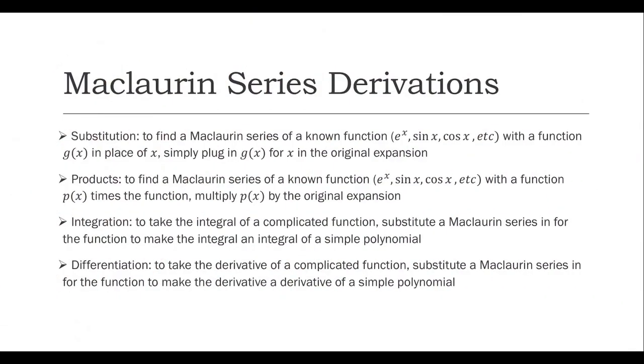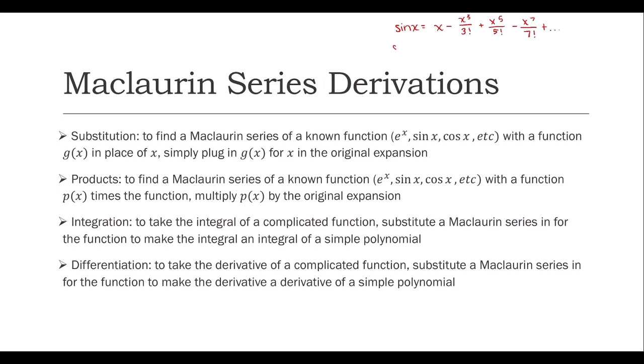For Maclaurin series derivations, you'll use substitution to find a Maclaurin series of a known function such as e to the x, the sine of x, cosine of x, etc., with a function g of x in place of x. To do this, you'll simply plug in g of x into the original expansion. So your sine of x is equal to x minus x cubed over 3 factorial plus x to the 5th over 5 factorial minus x to the 7th over 7 factorial, and so on.